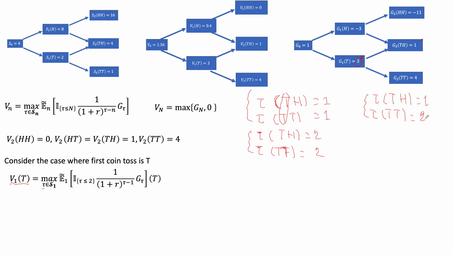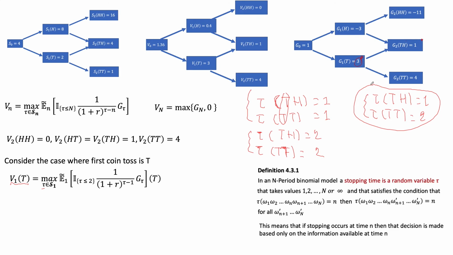But this case here is actually not a valid case. This isn't a valid stopping time, because it's like we're using a perfect crystal ball. If you remember the definition of a stopping time, if we have τ from 1 to n, and we say that it's equal to a number, then whatever happened after that, it should always be equal to that number.